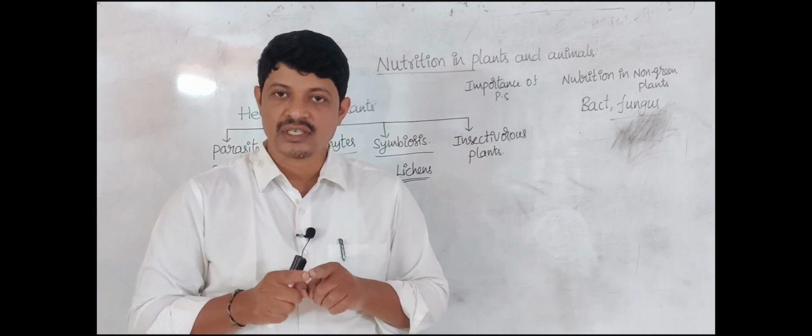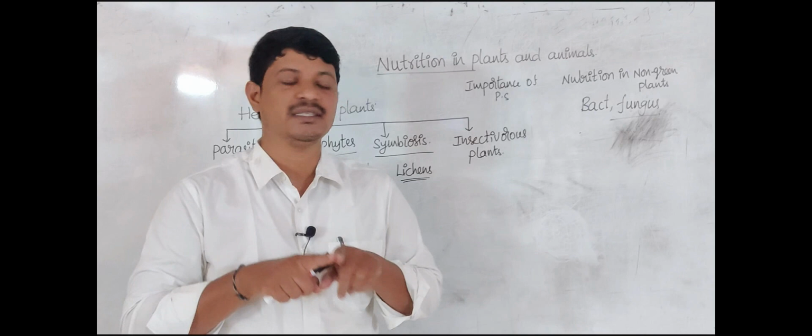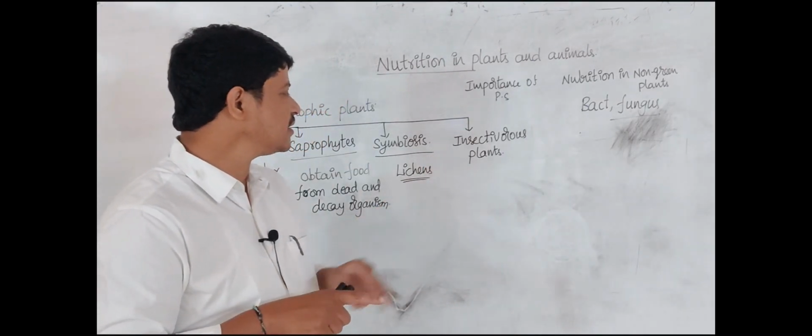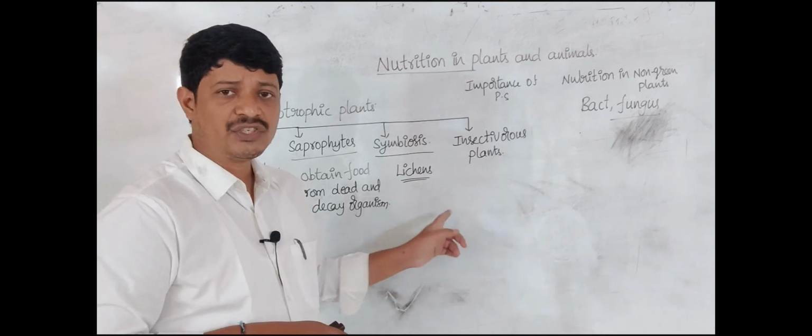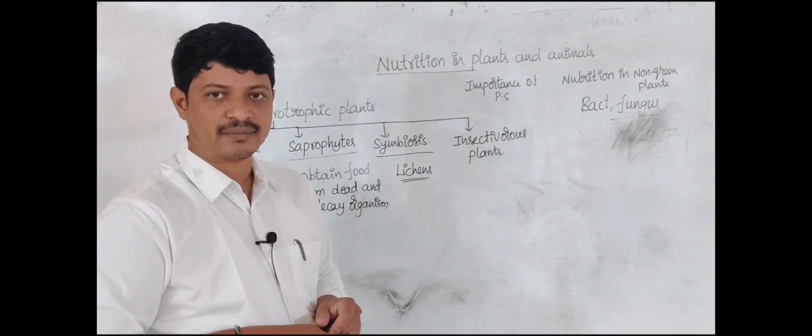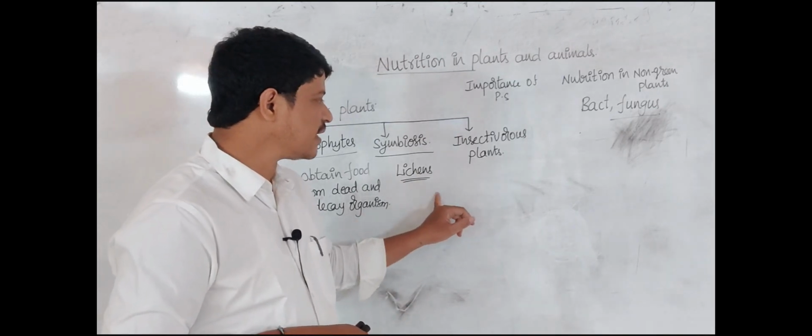In this association, if both organisms get benefited, that process is symbiosis. For example, an association between algae and fungi is called lichens.